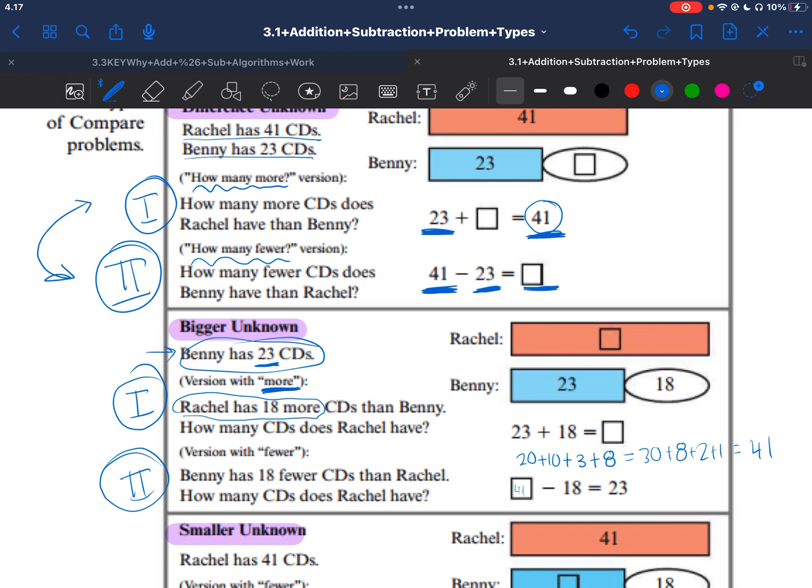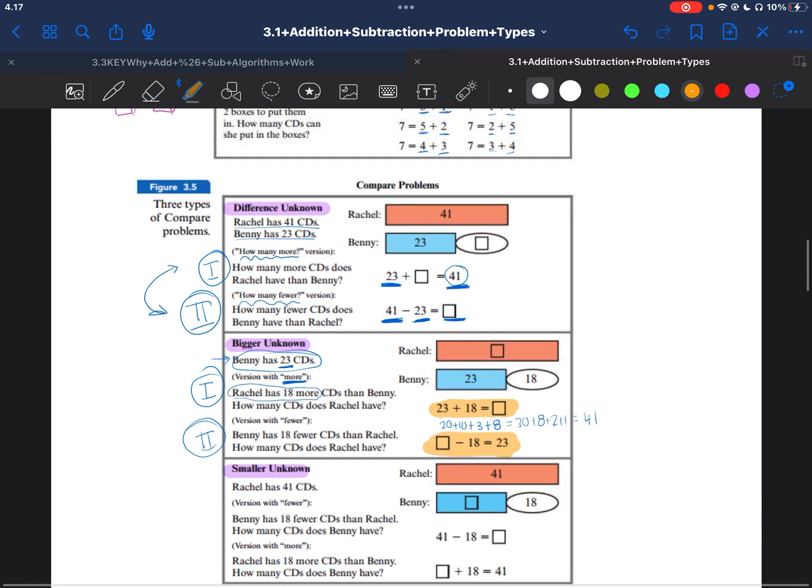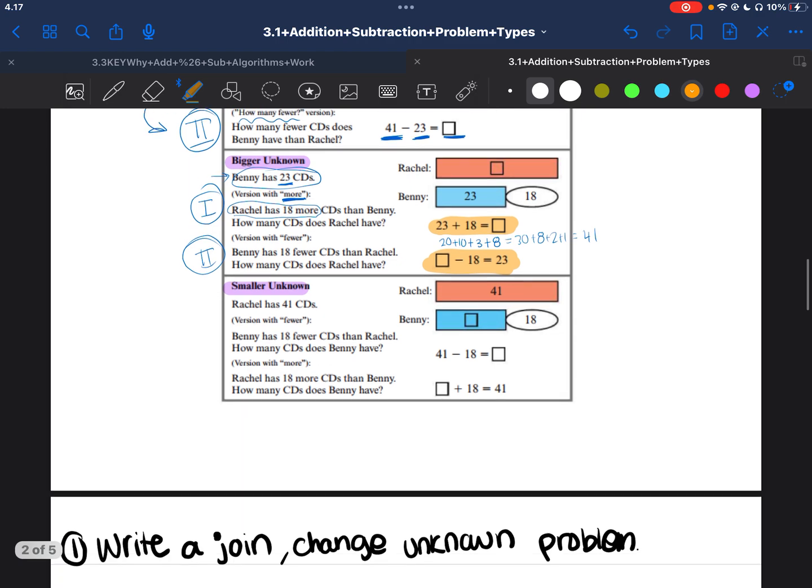So even though these two questions use different wording, we do arrive at the same answer. But as y'all can see, the number sentence is different, right? That's why we should know the different types of questions.